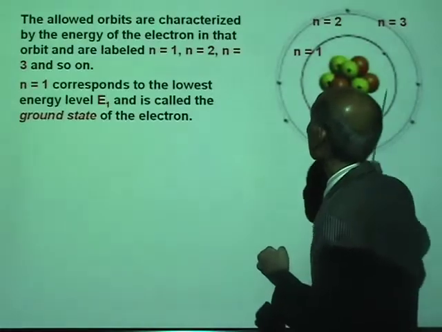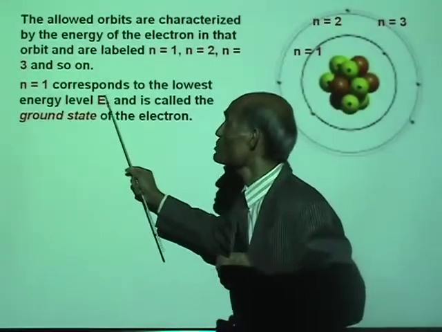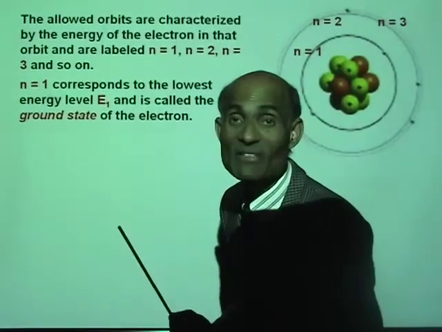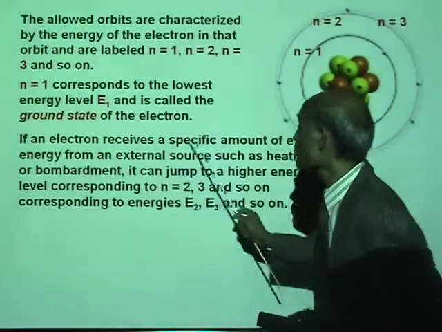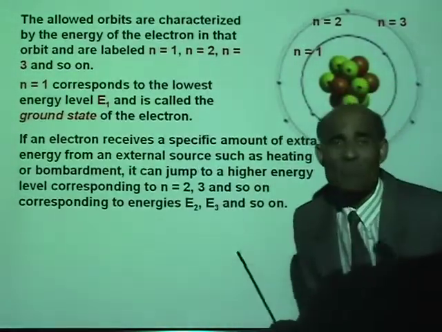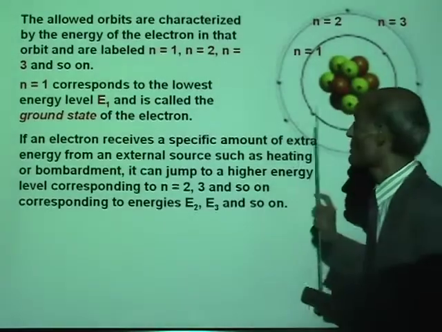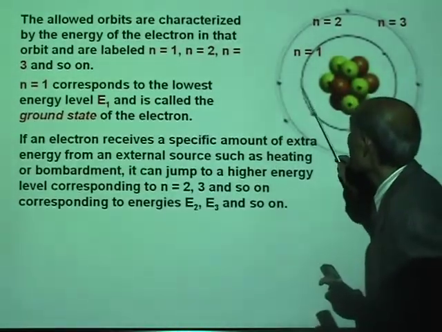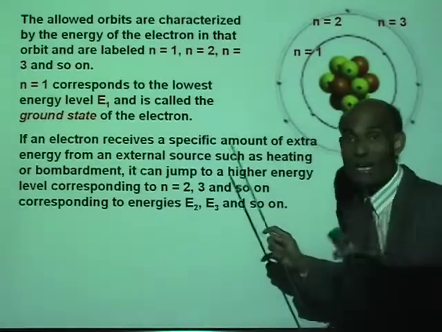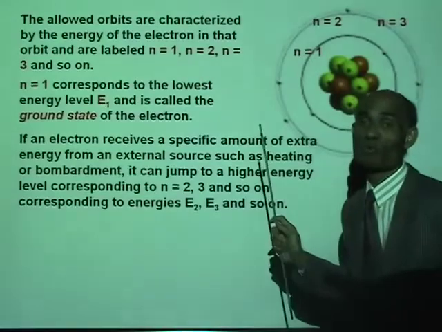Ground state is the inner orbit n equal to 1, and the energy of the electron in that orbit is E1. If an electron receives a specific amount of extra energy, so for hydrogen, remember there is only one electron, and that electron in the normal case is in the ground state, n equal to 1.